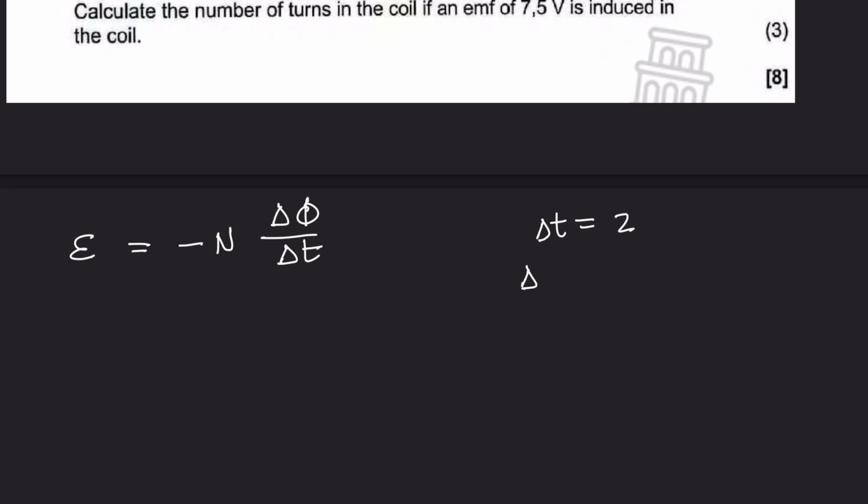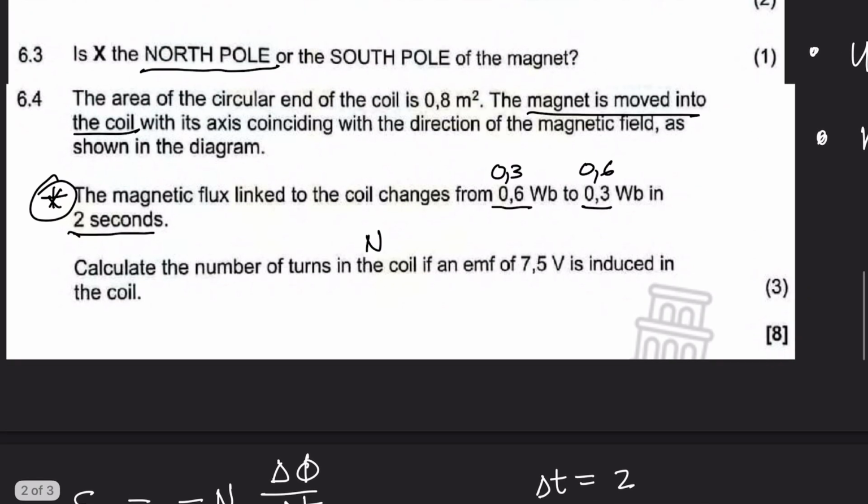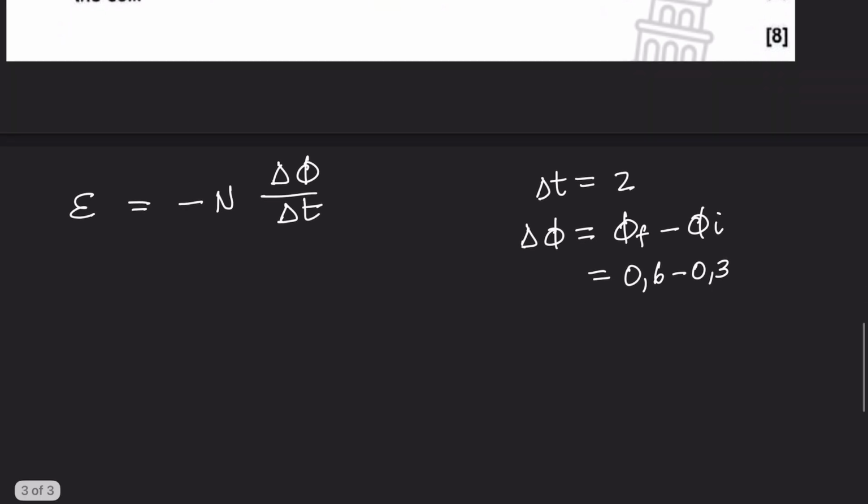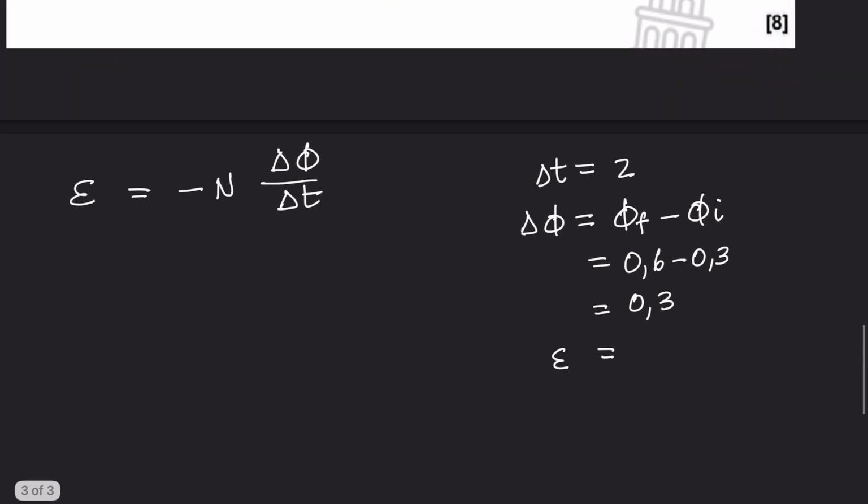Remember, delta phi is equal to the final minus the initial. So remember, it went from 0.3 to 0.6. So 0.6 minus 0.3, and that gives us 0.3. And then we also know the E value of 7.5.